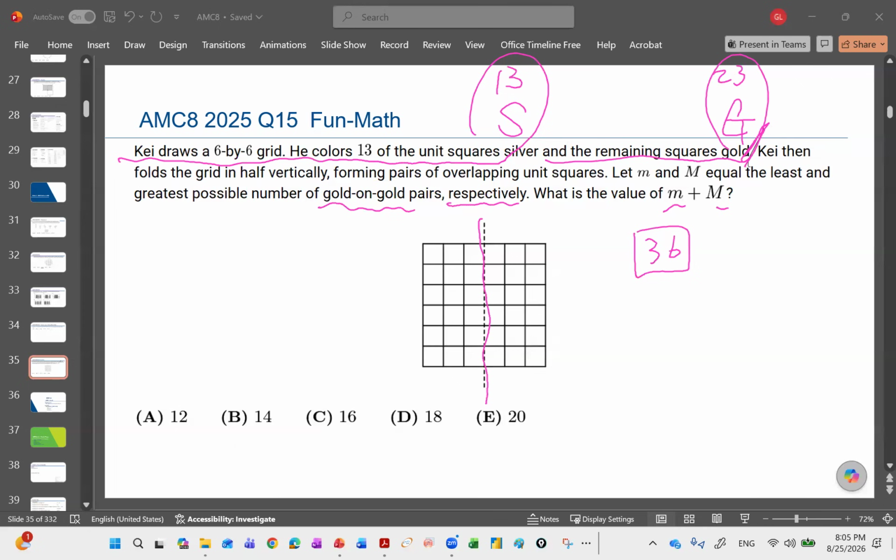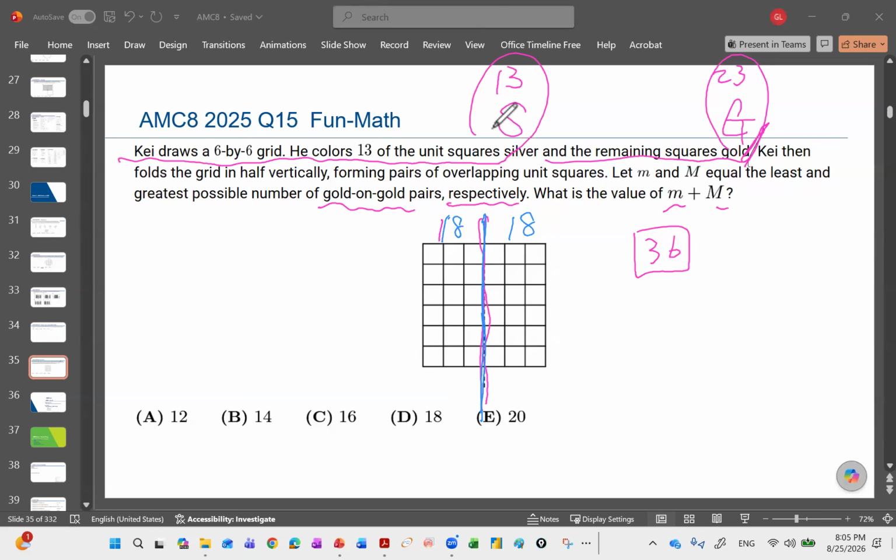Okay, then fold the grid in half vertically. So how many are on this side and how many on this side? 18 this side, right? I use different colors. 18 this side, 18 this side.